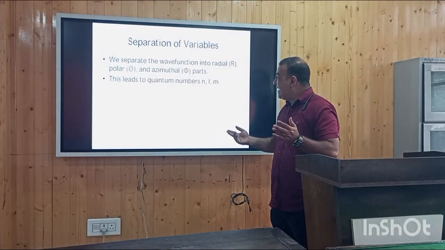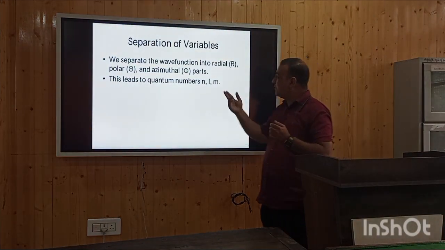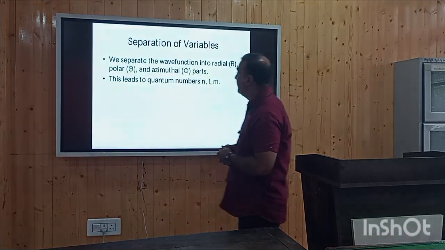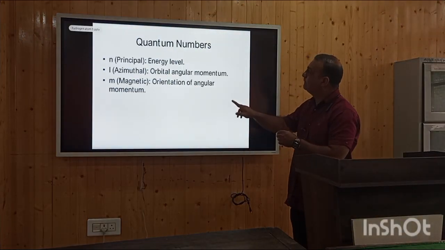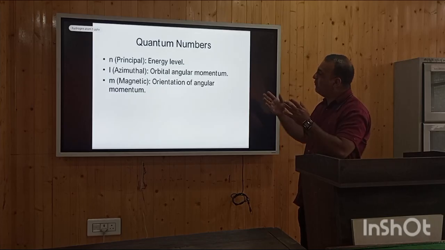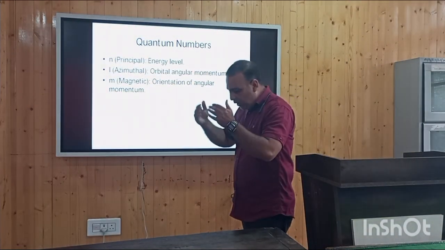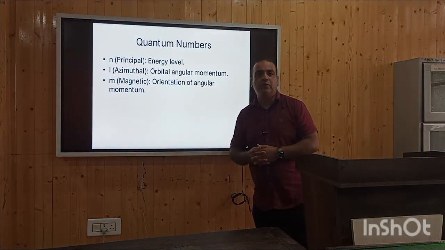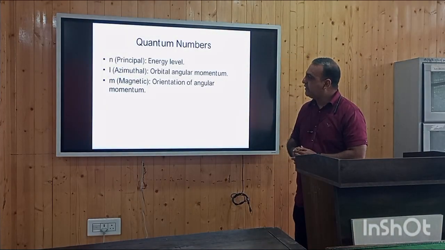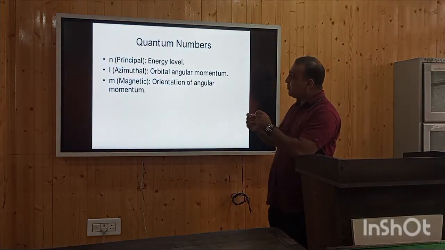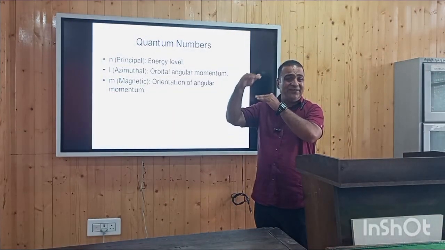Naturally, n is the principal quantum number, l is the azimuthal quantum number, and m is the magnetic quantum number. So we have these three quantum numbers, which we naturally come across while solving the Schrodinger equation for the hydrogen atom using the variable separable approach. n is your principal quantum number. It tells you about the energy levels.